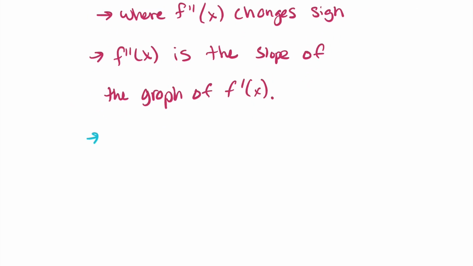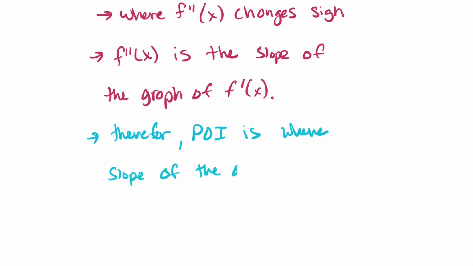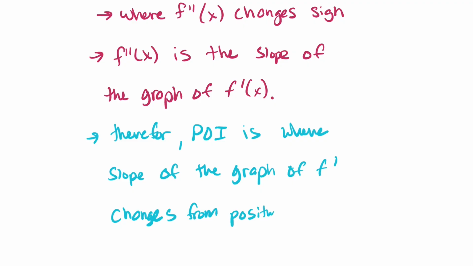So therefore, a point of inflection is where the slope of the graph of f prime, look how specific I'm being here, changes from positive to negative.